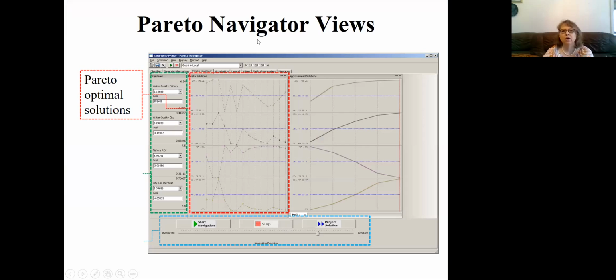And here is a kind of a user interface window. Here's the output of the a posteriori method's solution set, and based on this we create an approximation, and then this is the starting point that the decision maker chooses, either from these ones or in some other ways, and then these blue horizontal lines represent desirable function values.